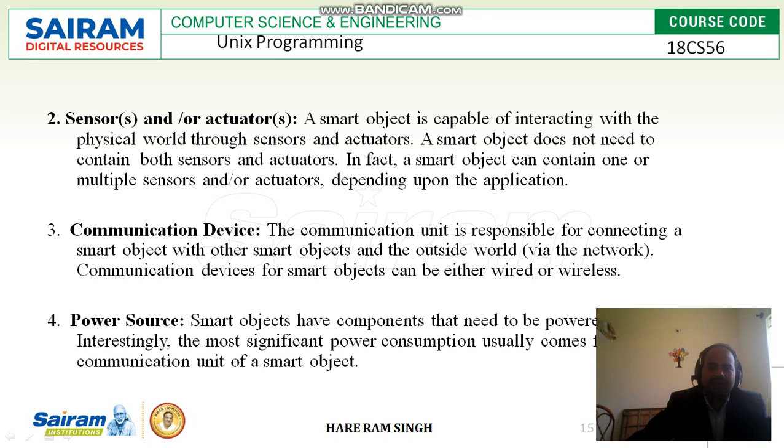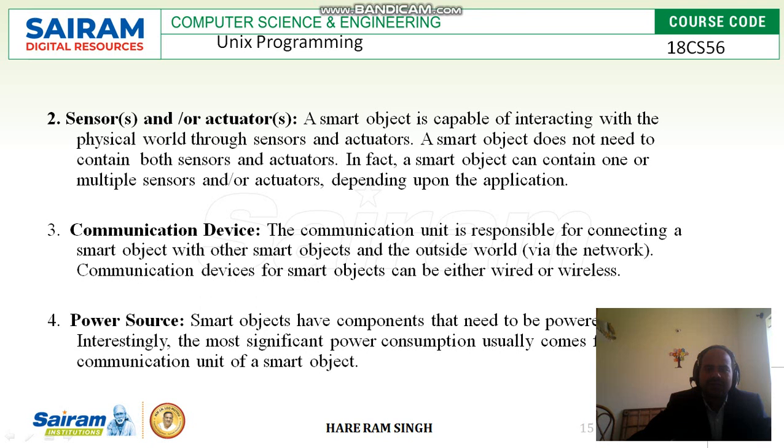In fact, a smart object can contain one or multiple sensors and/or actuators depending on the application. Based on the application, it can have one or more sensors and actuators.